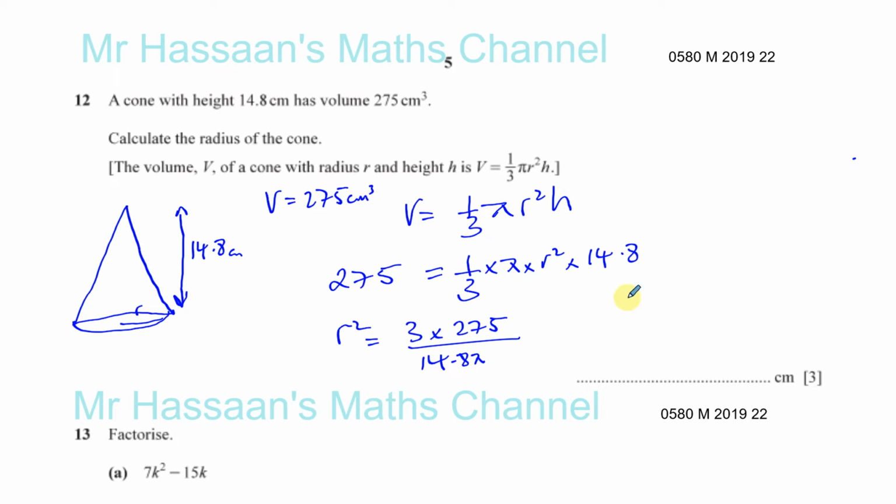And you can say, therefore, the radius is going to be the square root of all of that. So 3 times 275 over 14.8 pi, the square root of all of that. You just put that in your calculator.